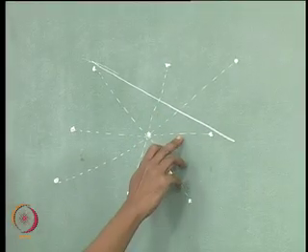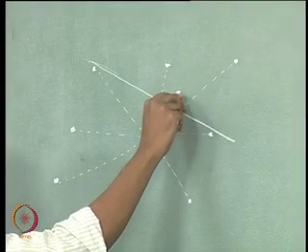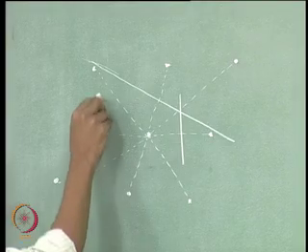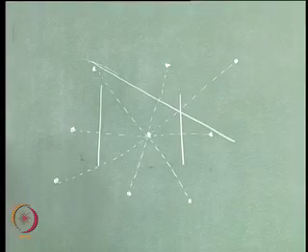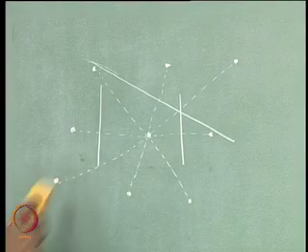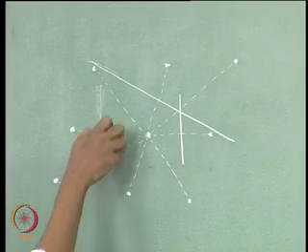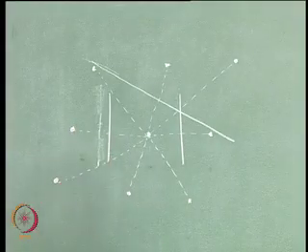Okay, perpendicular bisector of this would look something like that. Perpendicular bisector of this would look something like that. Okay, it is not exactly in the middle. Would look like that.